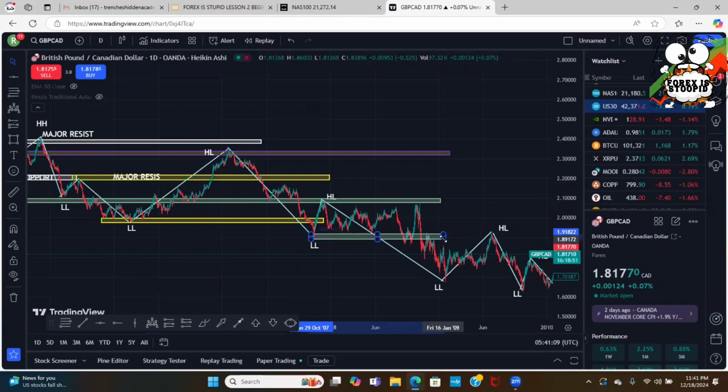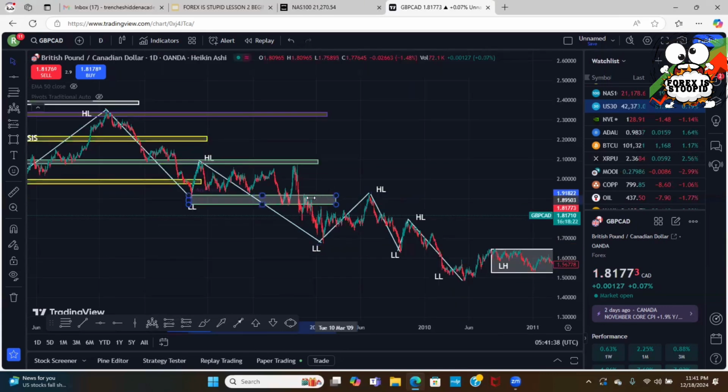Price consolidated a little bit, going back and forth here, but it's breaking out below. Boom, boom. And then price gapped to this low, which is the high, and then broke below, creating lower lows.